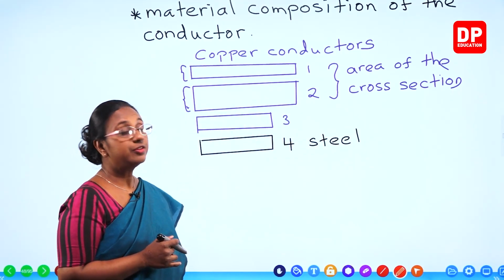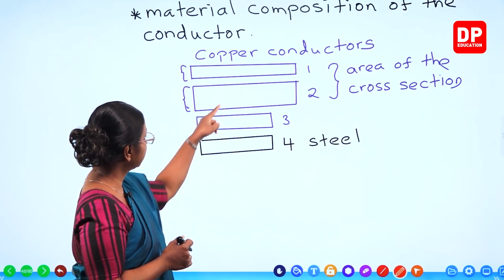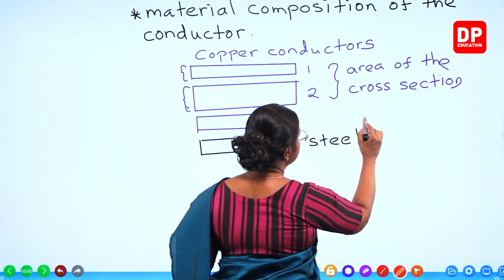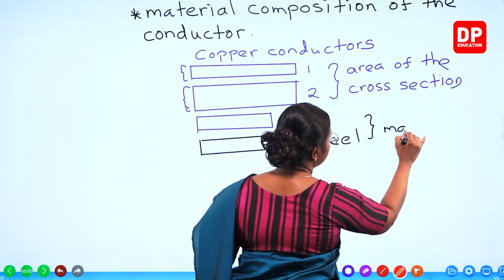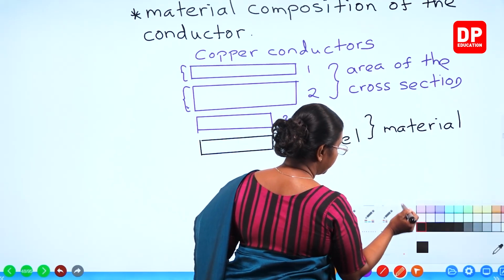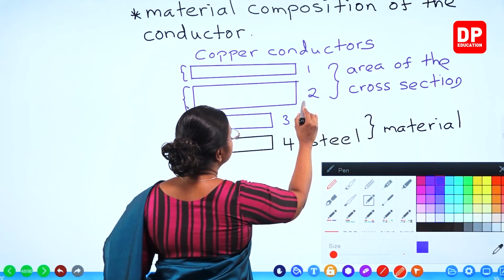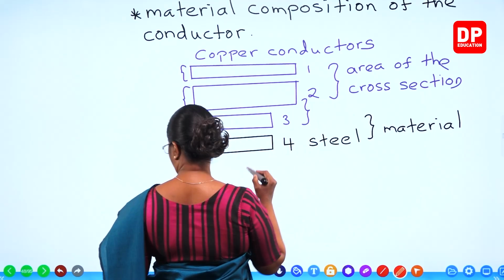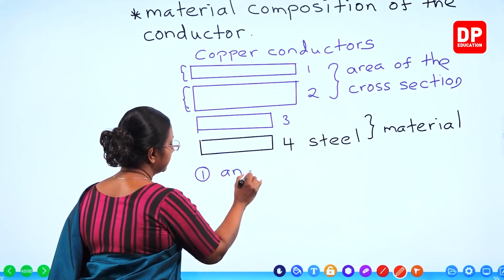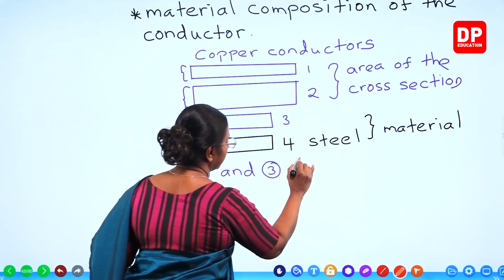So 1 and 3 differ in length, 1 and 2 in area of cross section, and here it is the material.